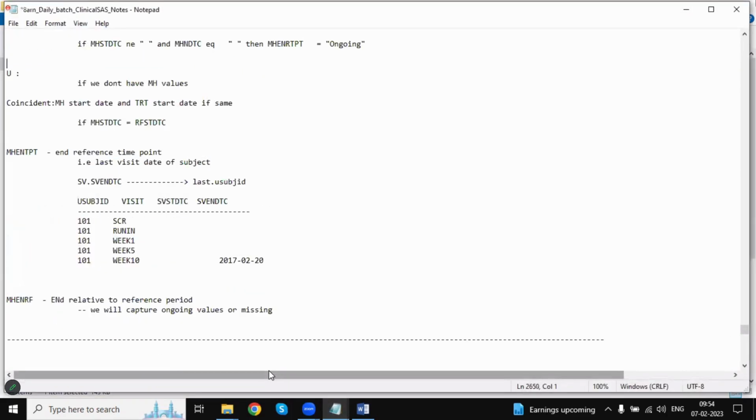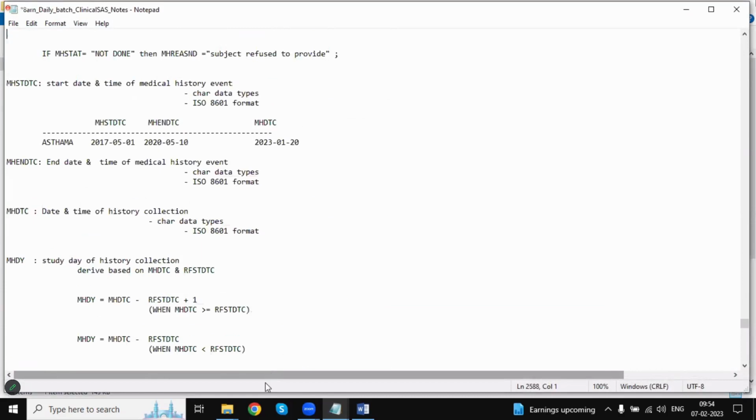Here, the standard formula for MHDY is MHDTC minus RFSTDTC plus 1 when MHDTC is greater than or equal to RFSTDTC. If it is less than, just do MHDTC minus RFSTDTC. Clear? Remember this formula; it comes in every domain. At the start I gave the standard study day derivation.